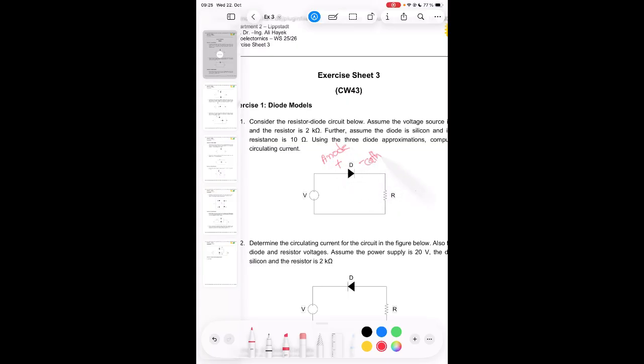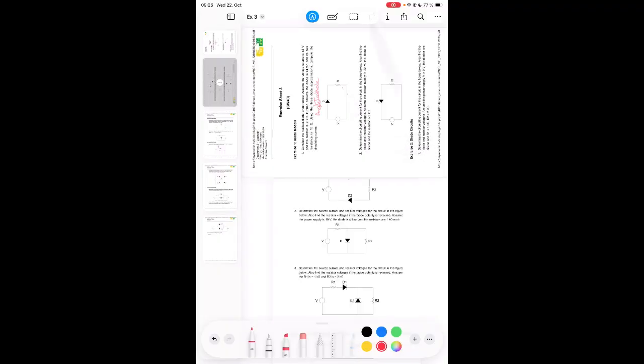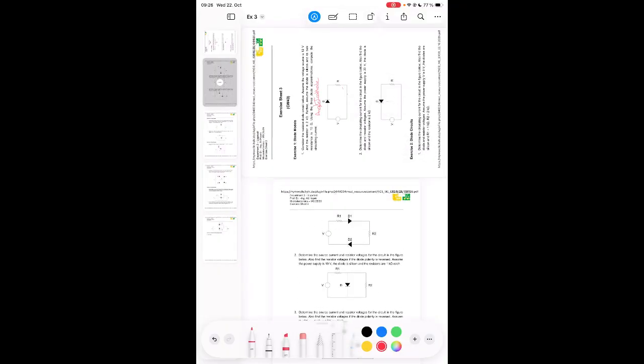And how is the current flowing inside the diode, from the anode to the cathode or the other way around? Usually on the anode side, on the positive side, we have the P side of the junction, a lot of holes moving from the P side to the N side. Electrons are coming from the right side to the left side.